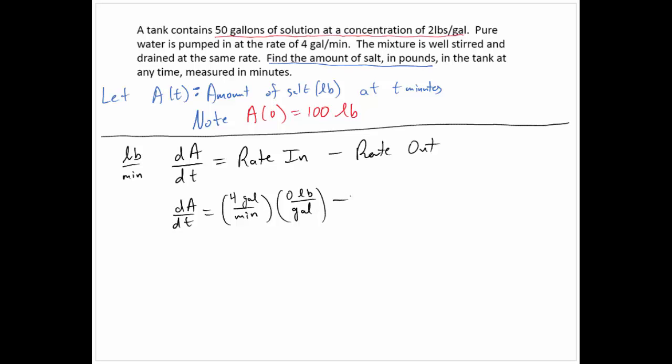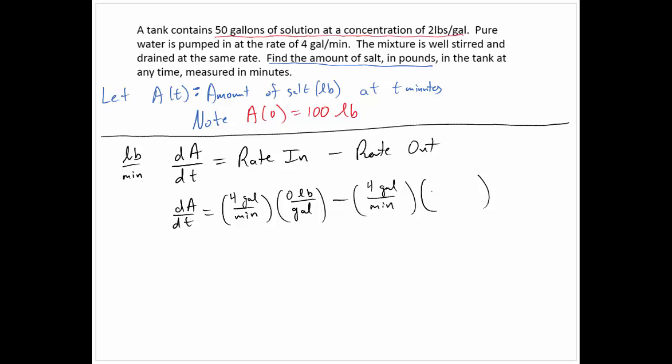Now, the mixture is well stirred and drained at the same rate. So it's leaving the tank at 4 gallons per minute. But now at any time, how much salt is in the tank?